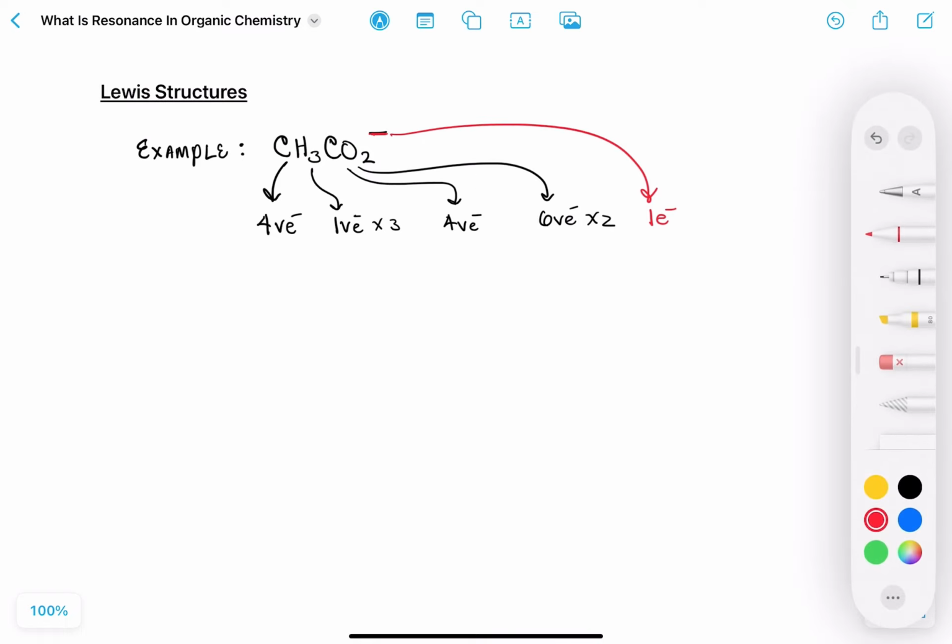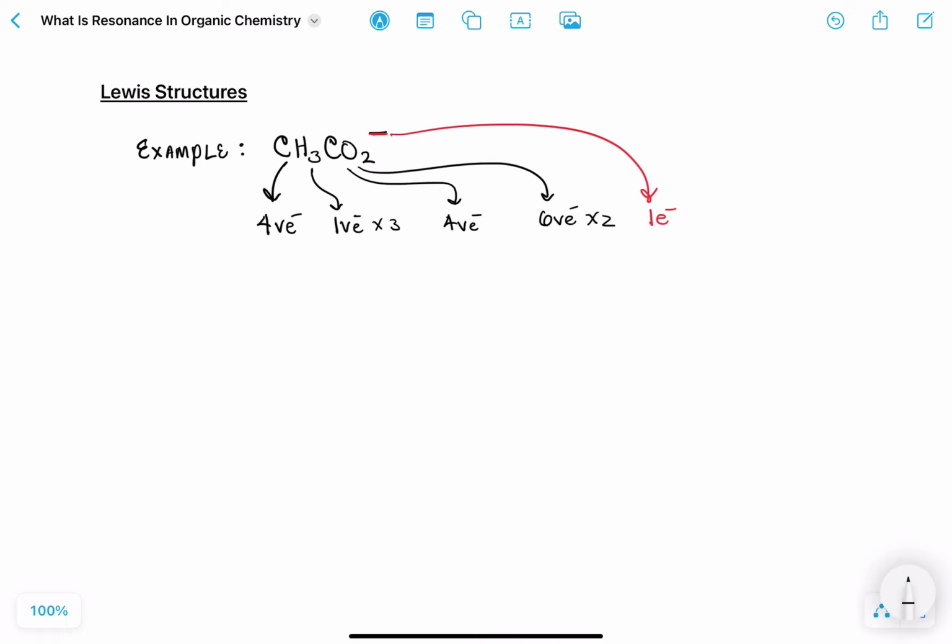So let's go ahead and start to brainstorm some ways we can connect this. Let's put a carbon with the 4 valence electrons it needs around it, and then we'll go ahead and connect it to this middle carbon and give that 4 valence electrons. And then we'll connect the oxygen. Oxygen has 6 valence electrons, and I'll put an oxygen there as well.